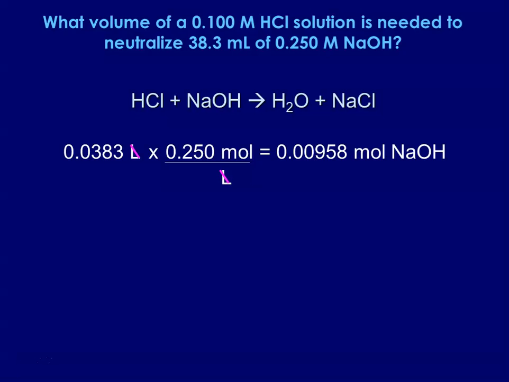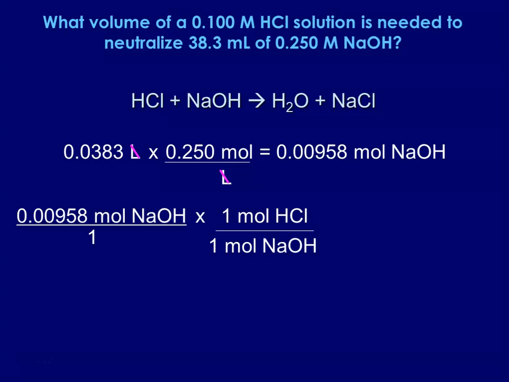Because I don't know exactly how much HCl I neutralized, I can use stoichiometry and the amount of NaOH I had to determine the moles of hydrochloric acid that were neutralized. And because it's a 1-to-1 ratio, it would be the same as the NaOH. I want to find volume of my hydrochloric acid, and I have a molarity of my hydrochloric acid.